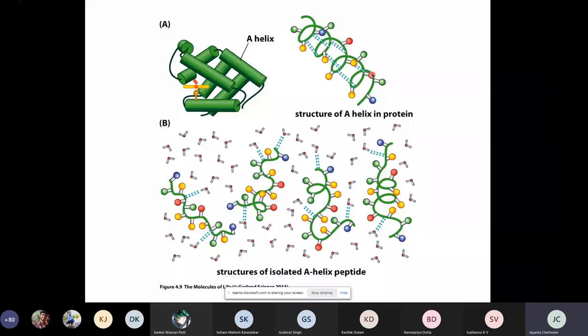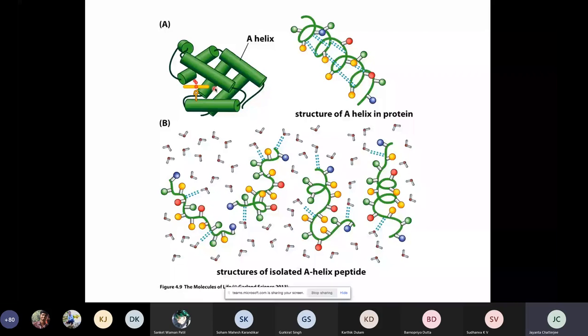The core is stabilized by not only these hydrophobic interactions. Many amino acids engage in formation of salt bridges, and because of the formation of these salt bridges, they stabilize. And see, once the protein is folded, a hydrophobic core is formed, and in the hydrophobic core the water is actually excluded.